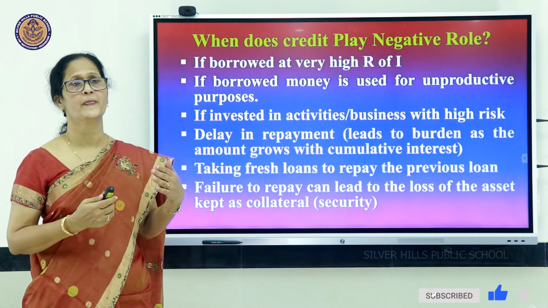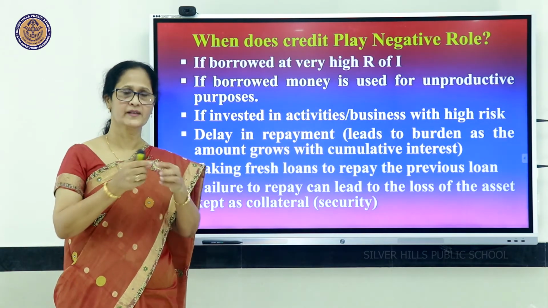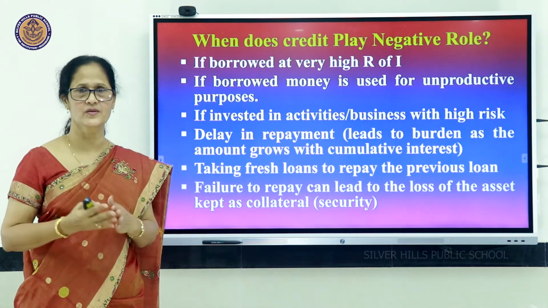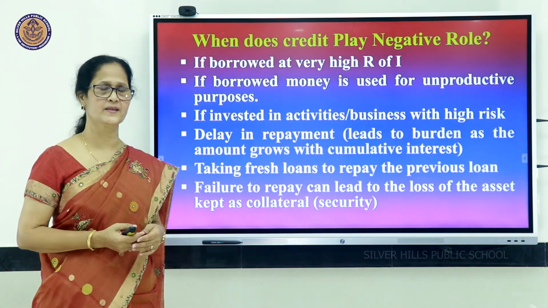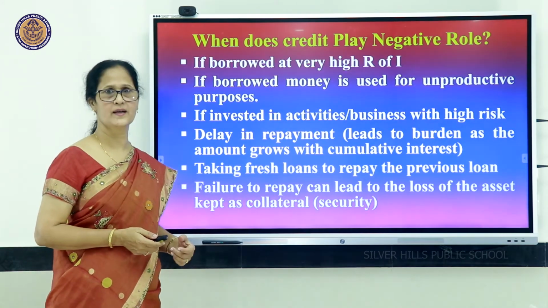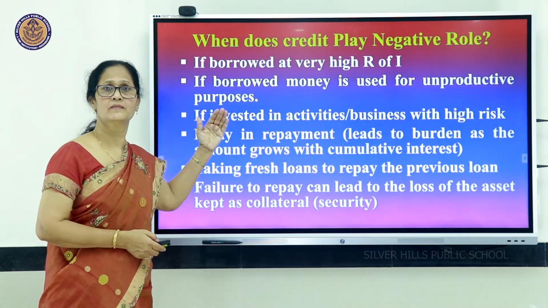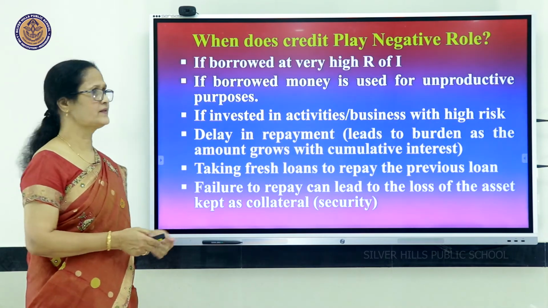Many a time when you take a loan, you must have seen that they take the papers of your house or property as a guarantee for the repayment. That is called collateral. So these are the various occasions where credit can play a negative role.